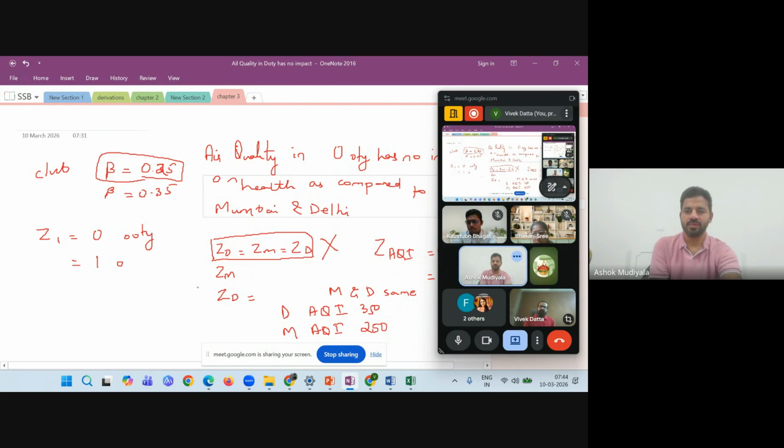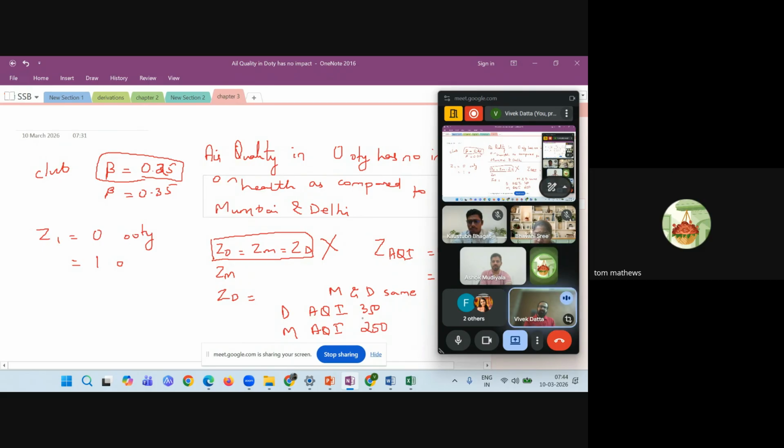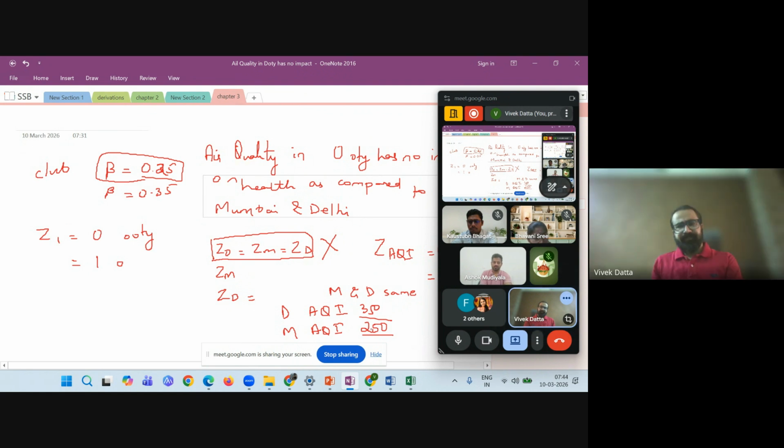No, but you can't, because one has 250, 350, the other has 250. You cannot club it. So here what I will do, very simple, I will say 1 otherwise. Okay, but usually questions are not asked this way. This framing is wrong. Okay, I will do it this way.